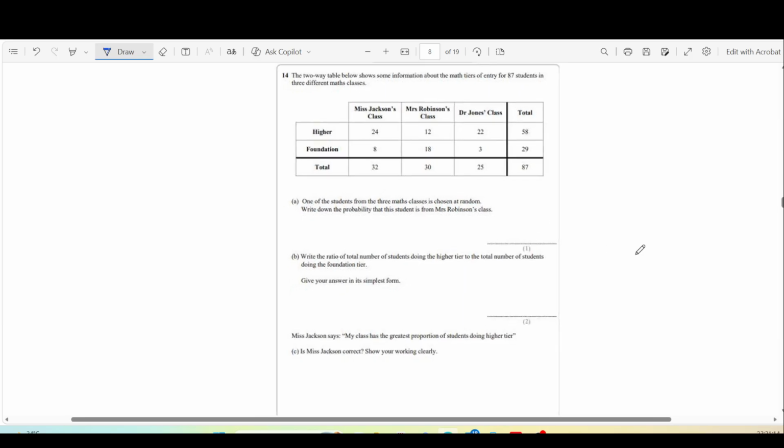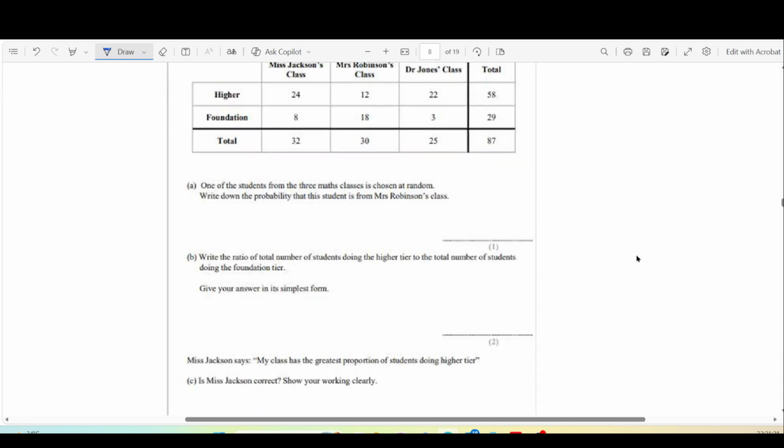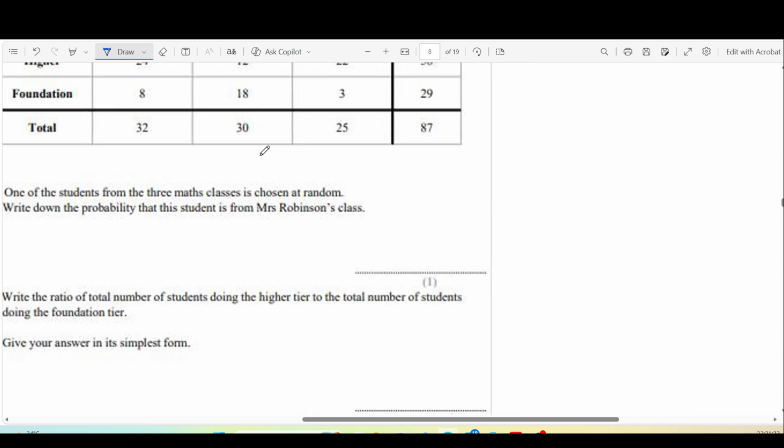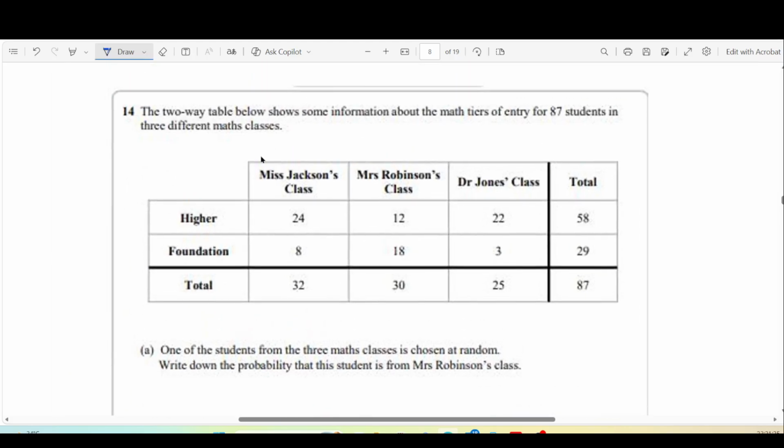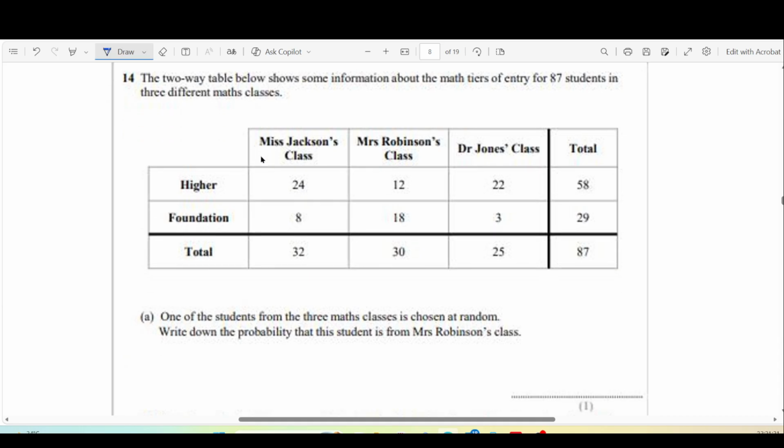So here we are given a table which is showing information about the math tiers of entry of 87 students in 3 different math classes. So one student from the 3 math classes is chosen at random. The probability that this student is in Mrs. Robinson's class.